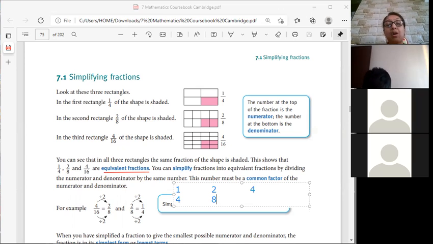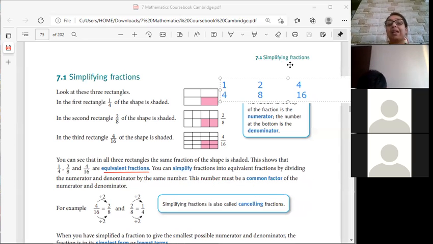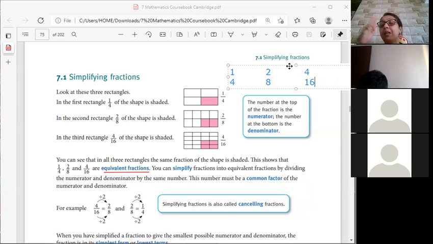Now, why do you call these fractions equivalent fractions? The reason is that if we multiply them by 2, they will become the same. Either you multiply them, or you cut them, or you divide them, they become the same.